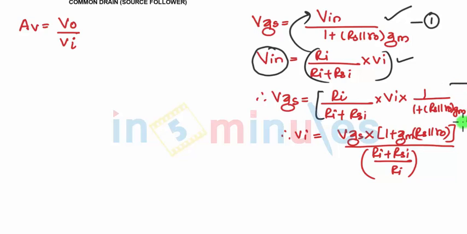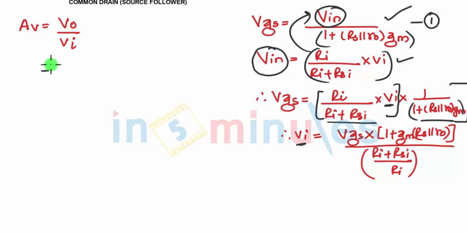You will get this equation, which will have, instead of Vin, Ri upon Ri plus RSI into Vi. So this is the substituted term, and this term is just multiplied with it, right? And if I want to express Vi in terms of VGS, Vi will remain on the other side, and this entire term will get multiplied with VGS. So we'll get VGS into 1 plus gm RS parallel RO upon Ri plus RSI upon Ri.